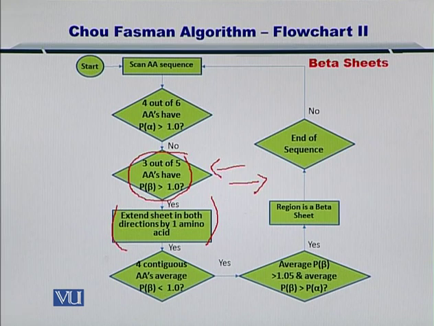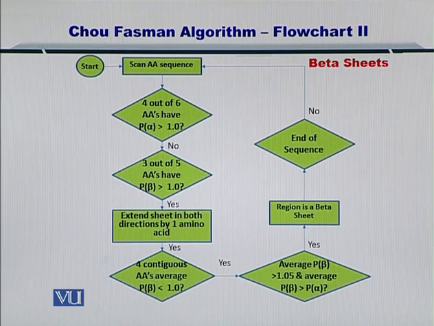sequence, and then we evaluated if a situation came where 4 contiguous amino acids had a propensity for forming a beta sheet and its average was less than 1. So this indicated that you were entering a region which was not very interested in forming a beta sheet.